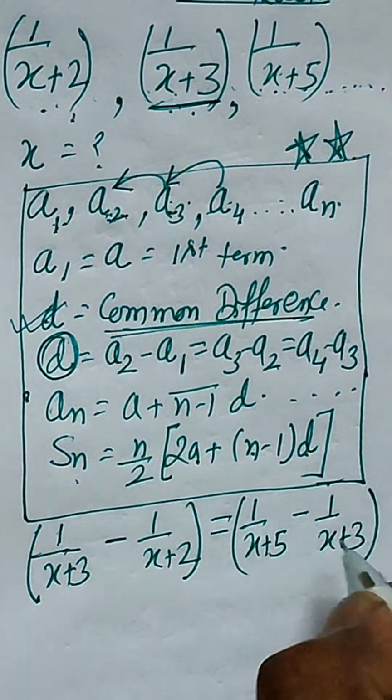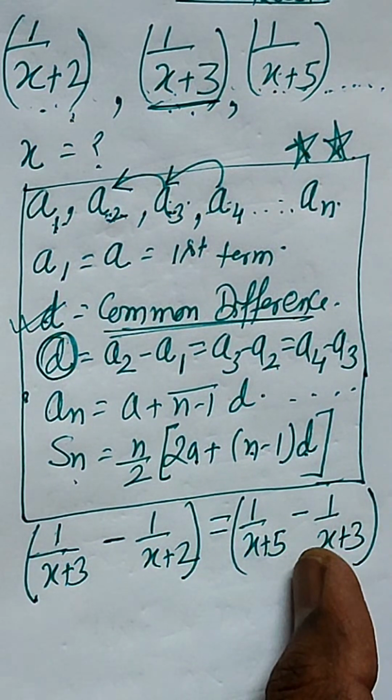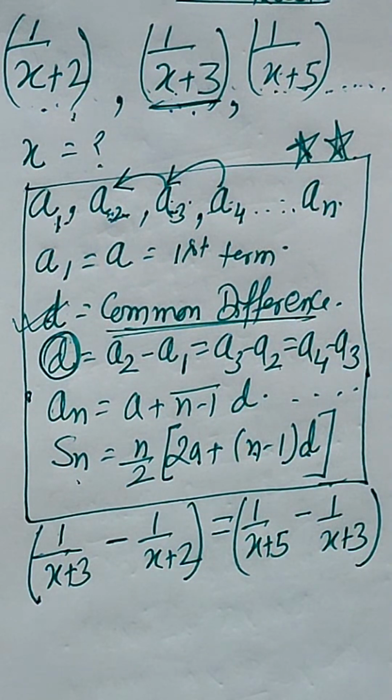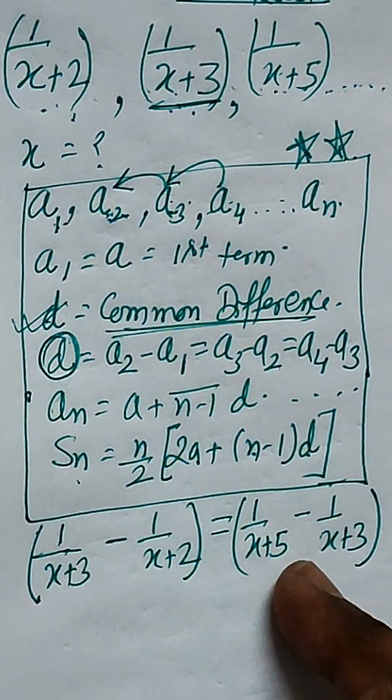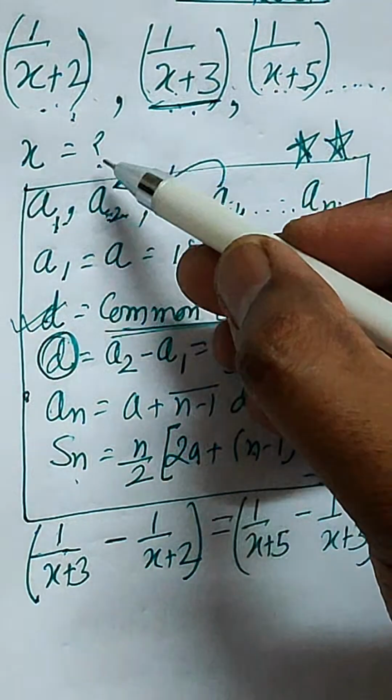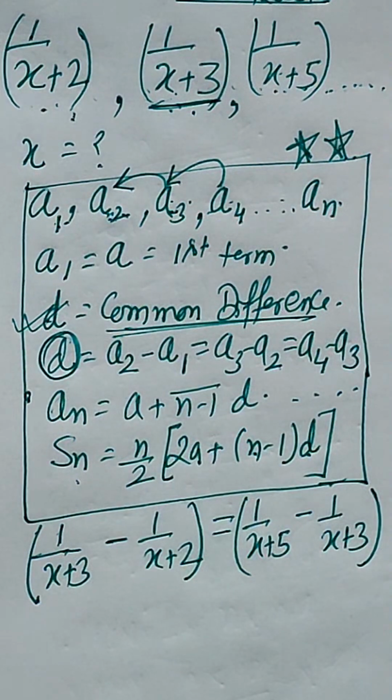So these both are common differences, and they will be the same. We will use the same concept and solve it to get the value of x. So in this way we are going to solve and find x.